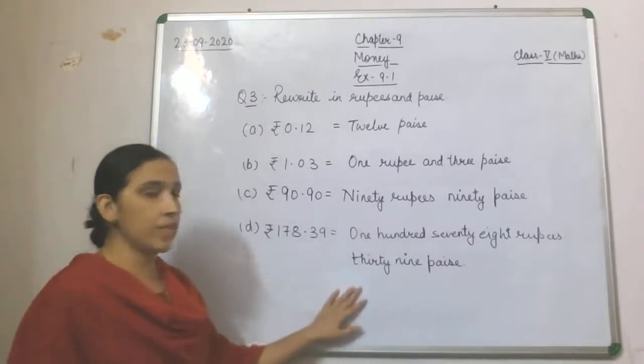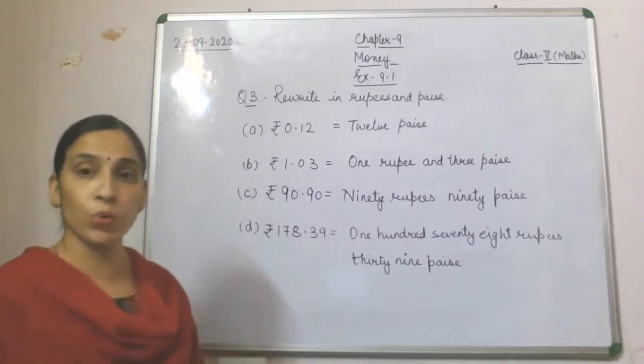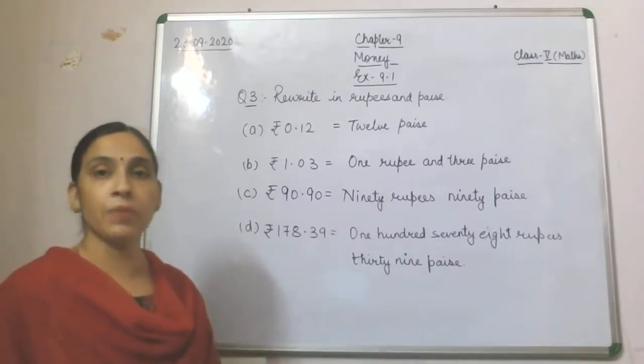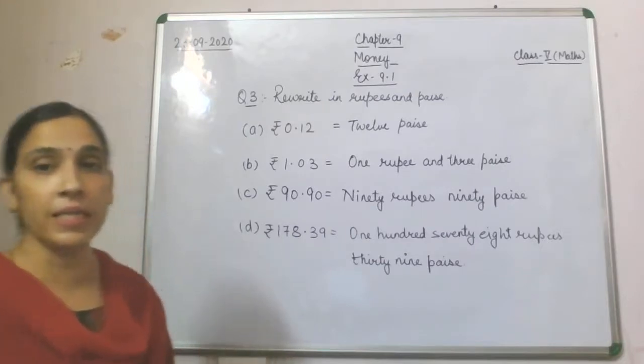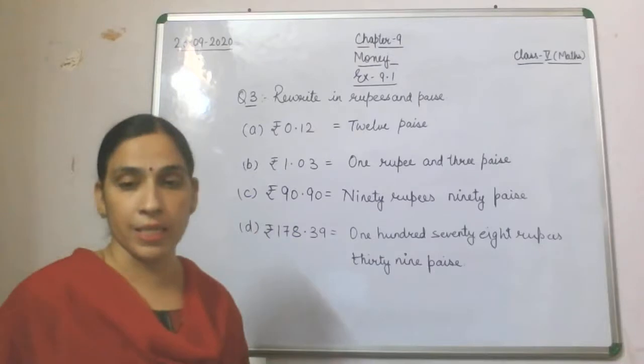See what we have learned here. We have learned how to write a decimal representation of rupee and paisa in words. As we spell it, in the same way we'll write it.